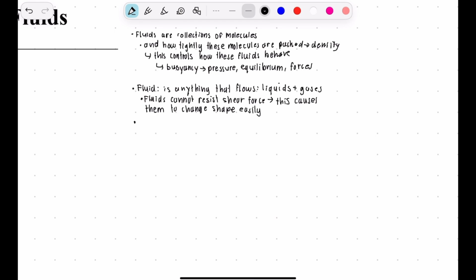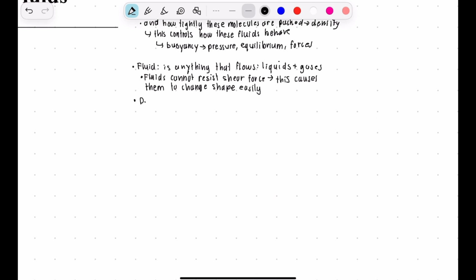Now let's move on to the definition of density. Density is defined using this formula. It's P equals M over V. So, P means density, M is mass, and V is volume.